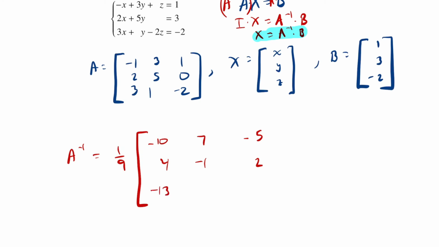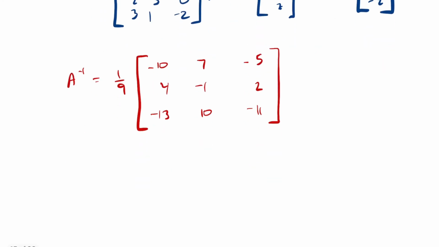That's the inverse. If we multiply that by B, that is going to be our answer. So let's multiply that by B.